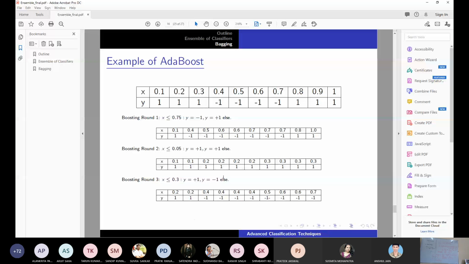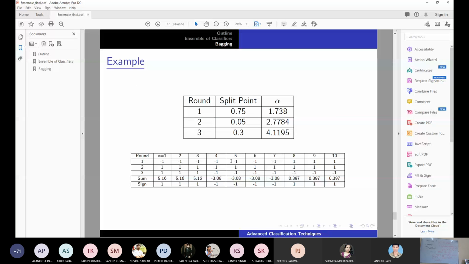So once you get this value, now we move to the next part. Combine the results. The first splitting point was 0.75 and we computed the alpha.